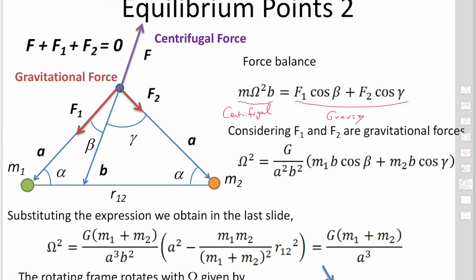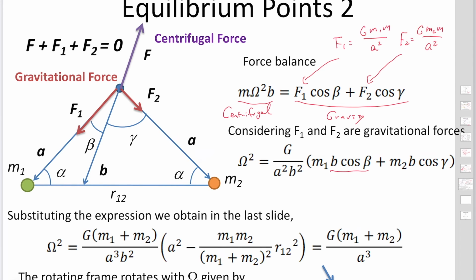For the gravitational force, F sub 1 equals G m sub 1 m over a squared, and F sub 2 is G m sub 2 m over a squared. So we substitute F sub 1 and F sub 2, then omega squared can be expressed in this equation.